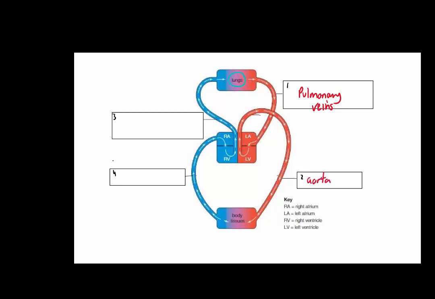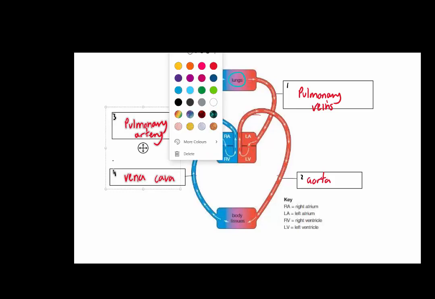It goes to the rest of the body, delivers its oxygen, and travels back to the heart in the vena cava. And then when it gets into the right atrium, it travels into the right ventricle and then up and out the pulmonary artery and back to the lungs. Now, we should have actually done that in blue.